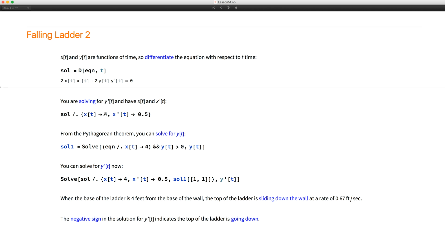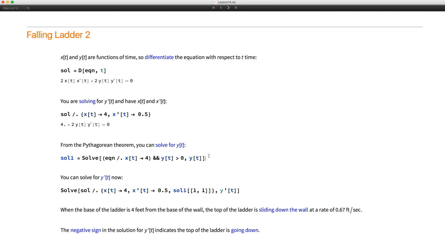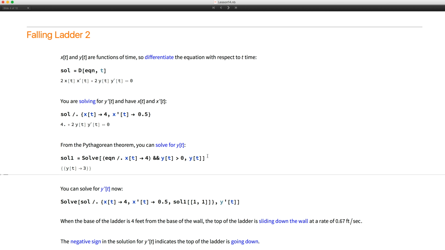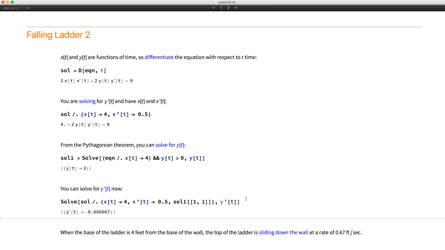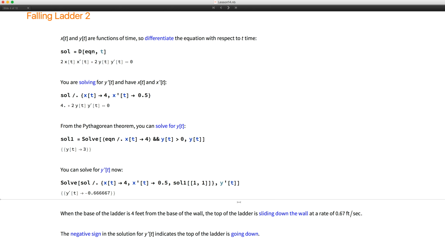Recalling the Pythagorean theorem lets you find y as being 3. Once you've got y, you plug it back into the earlier equation and get the rate of change of y as negative 0.666667. So the ladder is sliding down the wall at approximately 0.67 feet per second.